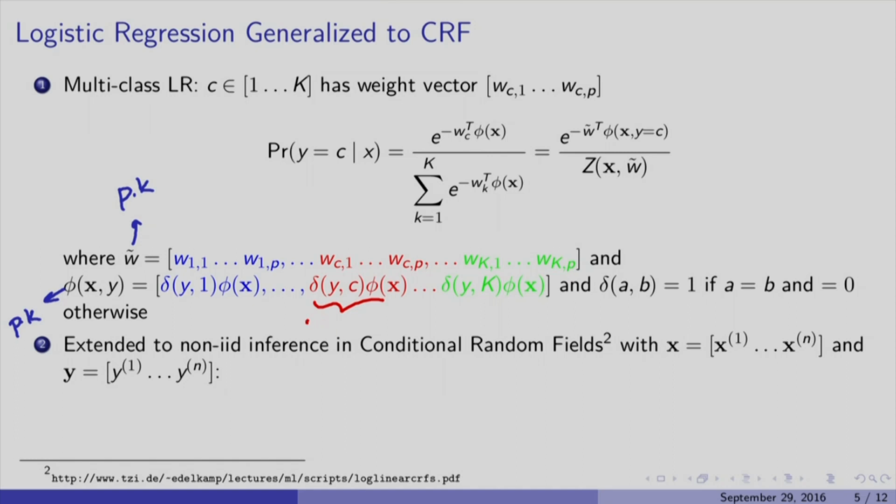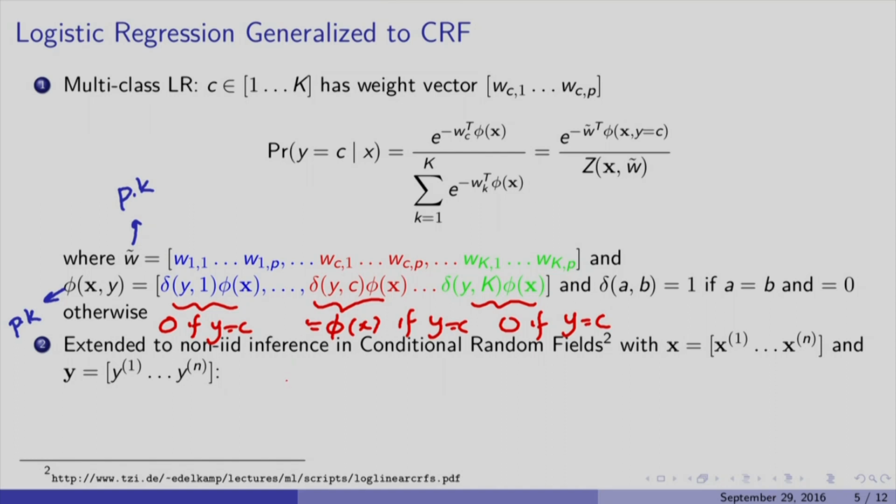So, this equals phi x if y equals c, and on the other hand all the other components in phi xy will be 0 when y does not equal c. So, one can easily convince oneself that this new formulation with w tilde and phi viewed as a function of two arguments is the same as the previous formulation.